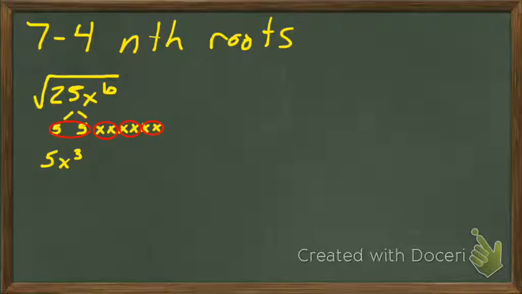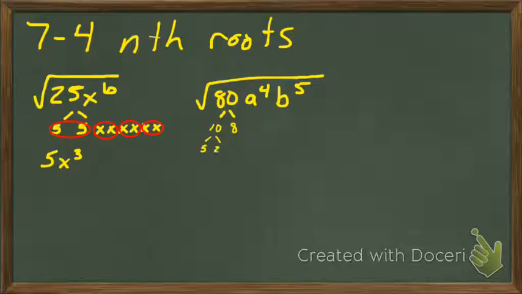All right, you try this one. Square root of 80 a to the 4th b to the 5th. Correct answer: we're going to break down the 80 into 5, 2, 2, 2, 2. I like to write them out in a line so I don't miss any when they're staggered. I'll write out my letters again so you can see how it all lines up.